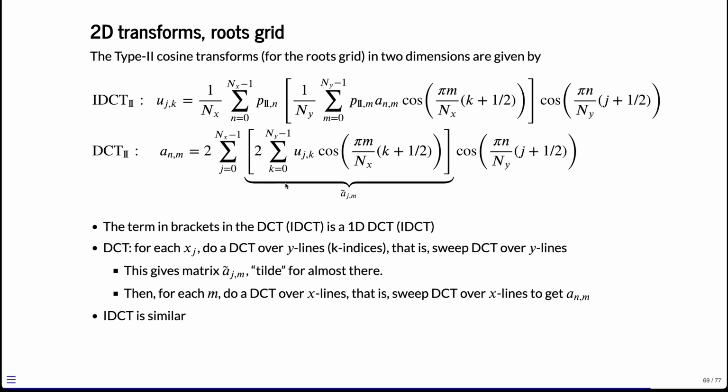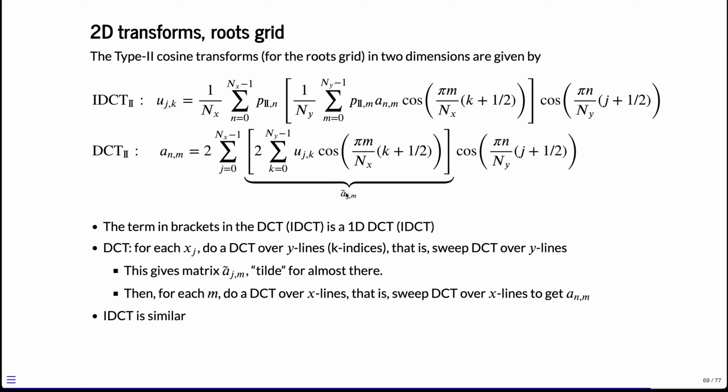This gives us, in this term in brackets, a matrix A tilde Jm, where the tilde is for almost there. We want A indexed by wave numbers with indexes n and m, but so far we've only done the m portion, so we're indicating this tilde just to note that we've only partially completed.